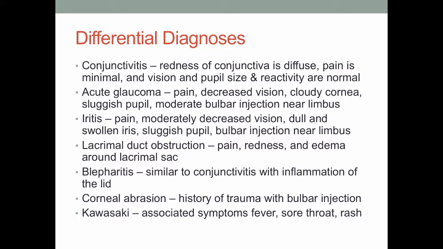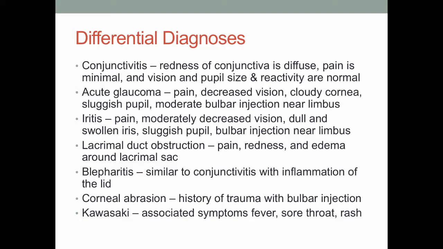So common differential diagnoses that you want to include for this child are conjunctivitis, which is defined as the redness of the conjunctiva. Pain is usually minimal. Vision and pupil size and reactivity are normal. So the fact that he has decreased visual acuity makes us lean against that.